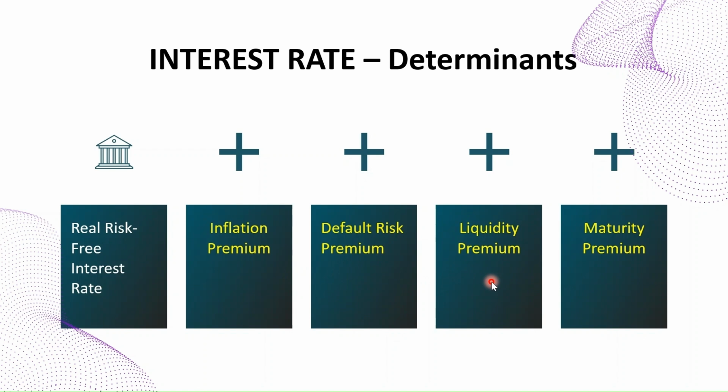To understand liquidity premium better, we need to know first what is liquidity. The liquidity of a financial asset refers to how quickly and easily it can be converted into cash without significantly affecting its price. Highly liquid asset means we can sell that asset at its fair price quickly.